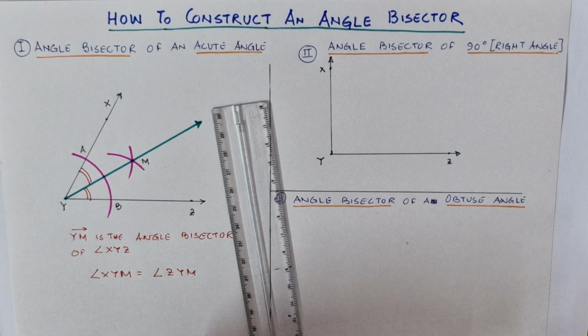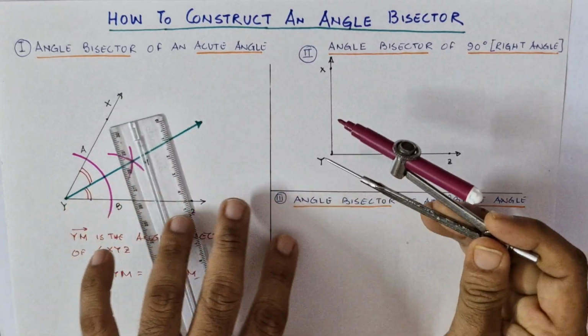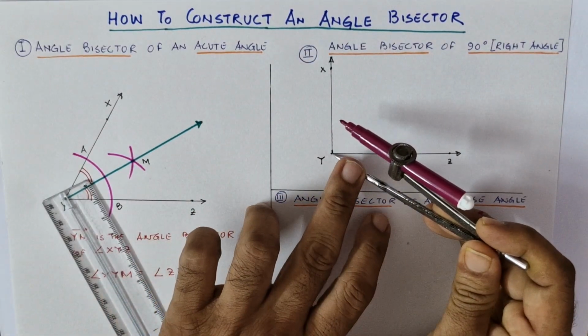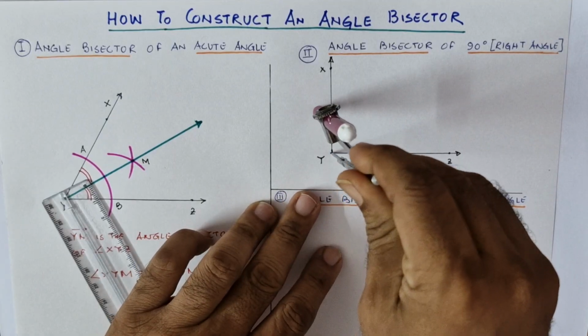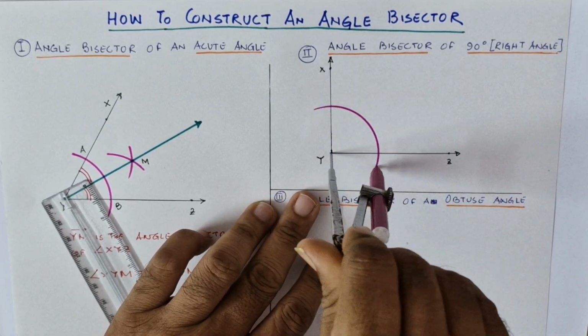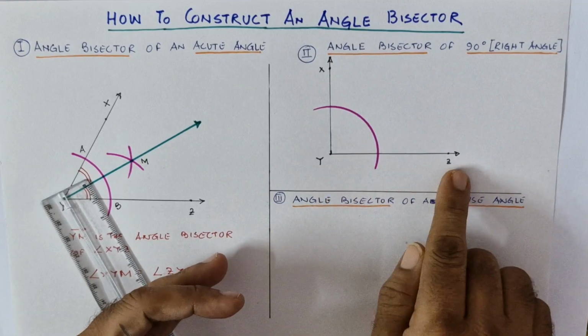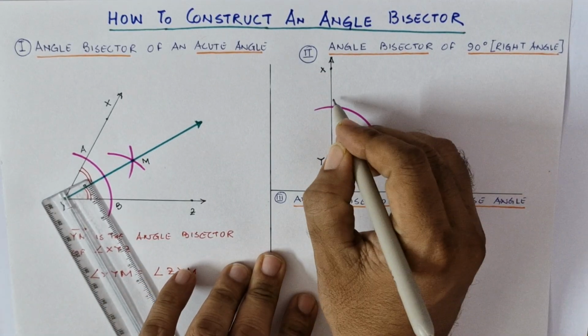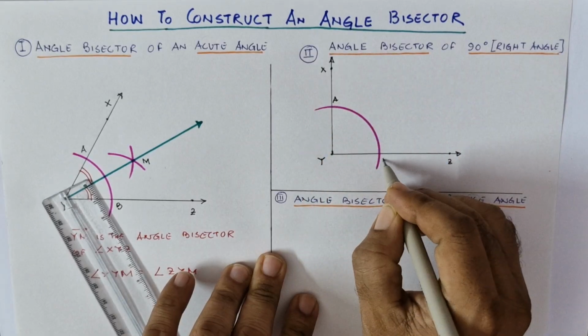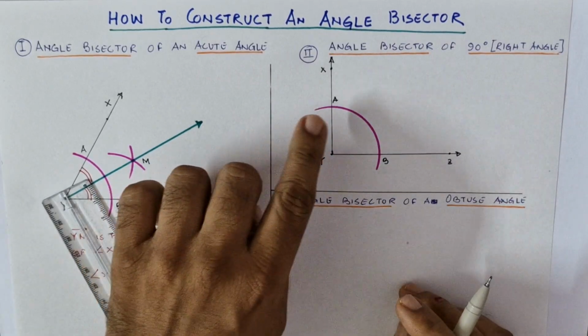Now if you remember, we'll use the same process. We'll take Y as center and draw an arc in such a way that it cuts YZ and YX at A and B respectively. Got it? I was supposed to write A here.